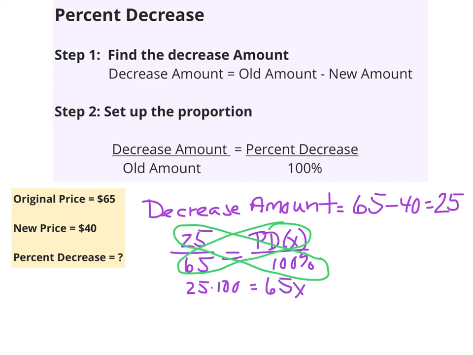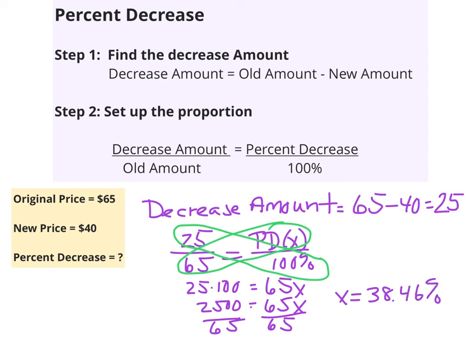And we're going to multiply 25 times 100, which is 2500, equal to 65x, and solve the one-step equation by dividing both sides by 65. And we get x is equal to 38.46%, and I'm going to round it to the nearest tenth. So that means the percent decrease would be 38.5%.